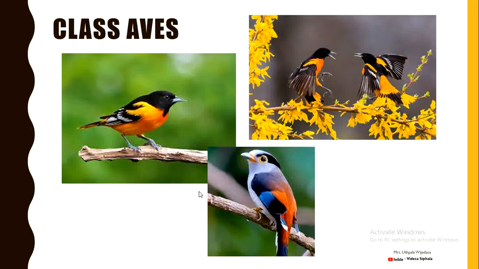They have a streamlined body like fish. This body shape helps them for flying. They have eyes with eyelids, but they do not have teeth. They have a beak. Depending on their feeding mechanism, depending on the type of food they eat, they have different shapes of beaks.